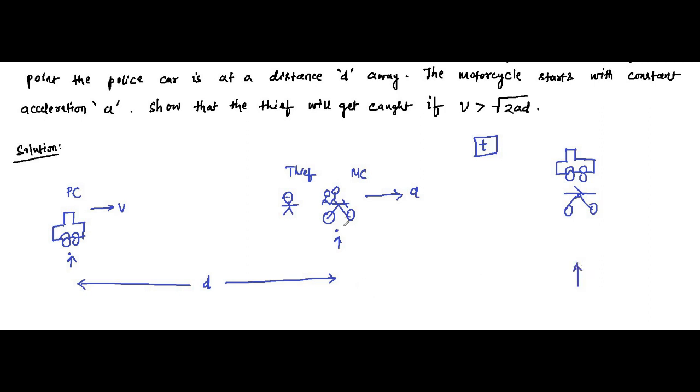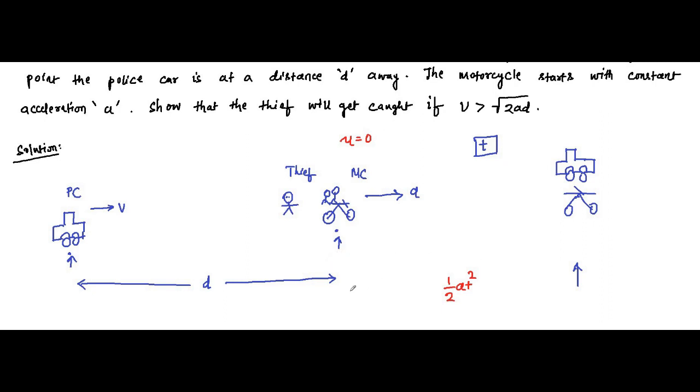From this point to this point, taking into consideration the acceleration a of the thief's motorcycle, the distance traveled is half at square, because the initial velocity of the thief's motorcycle is 0.